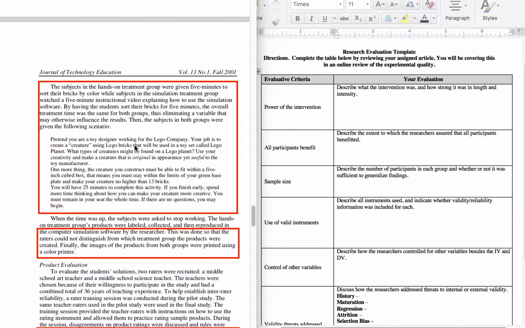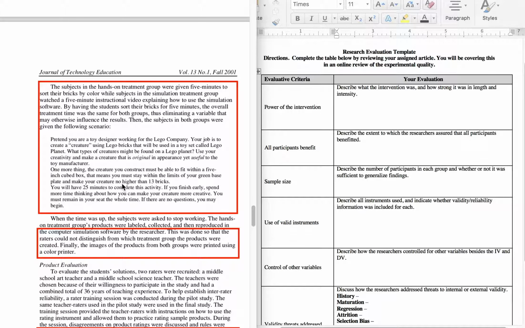And then they're given this prompt. Pretend that you are a toy designer working for a Lego company, blah, blah, blah. Use your creativity and make a creature that is original in appearance yet useful to the toy manufacturer. One more thing, the creature you construct must be able to fit within a 5-inch cubed box, which means you must stay within the limits of your green base plate and make your creature no higher than 13 bricks. 25 minutes to complete, and so on.